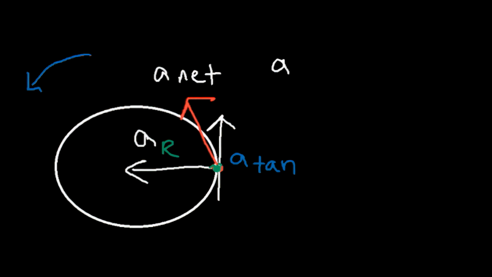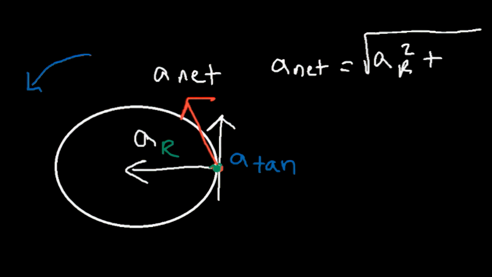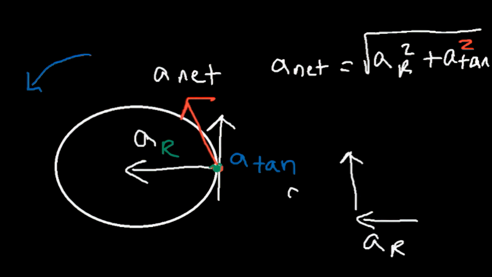That acceleration vector is equal to the square root of the sum of the squares of the radial acceleration and the tangential acceleration. So if we draw a picture, here's the radial acceleration. It's pointing towards the center of the circle. Here's the tangential acceleration. And the net acceleration is the hypotenuse of the triangle.